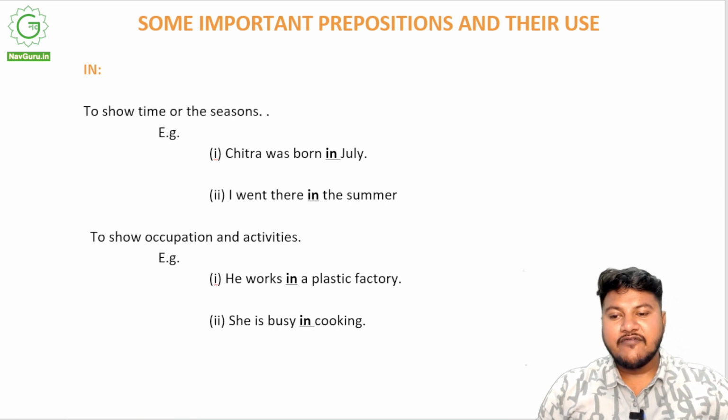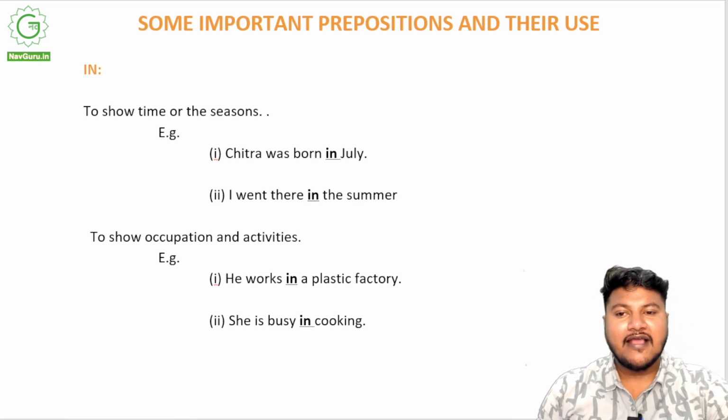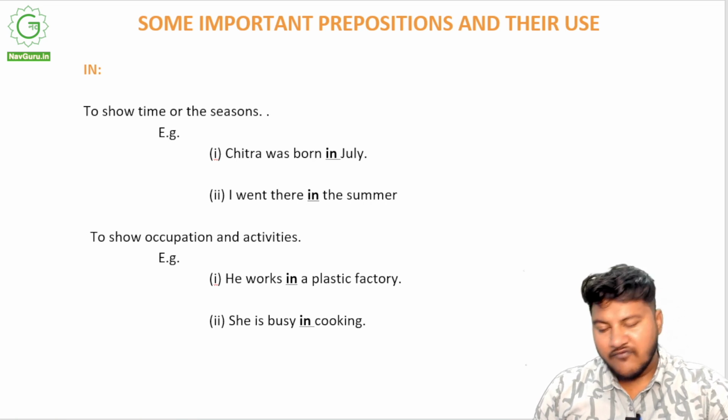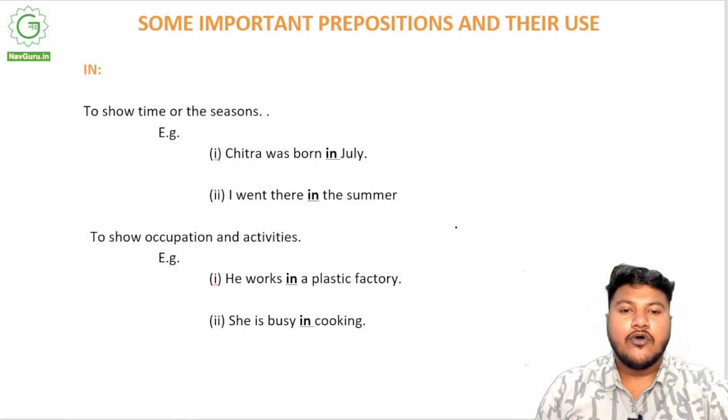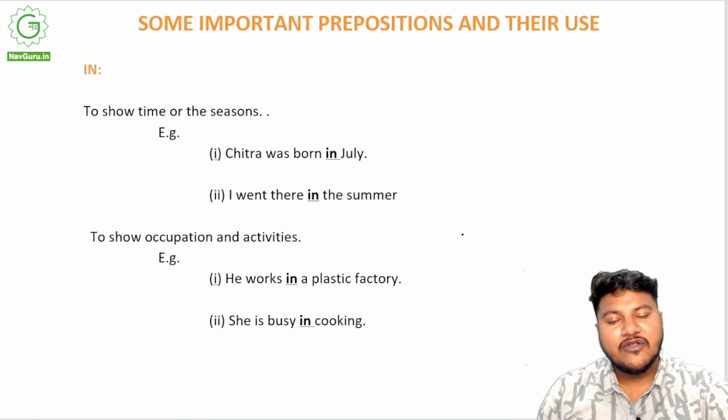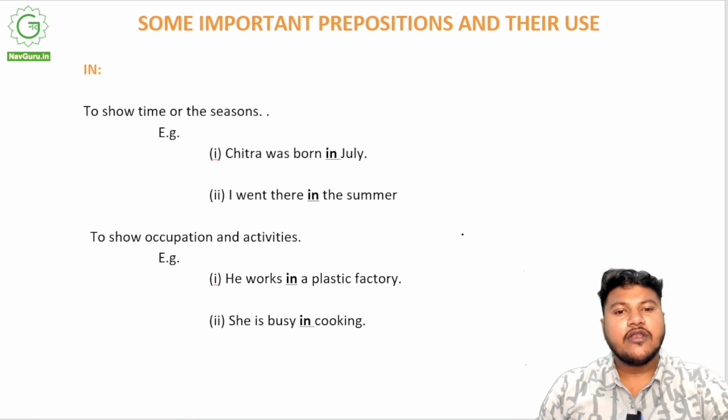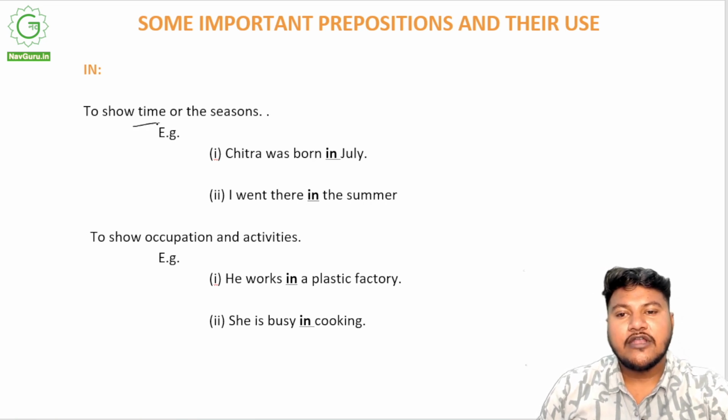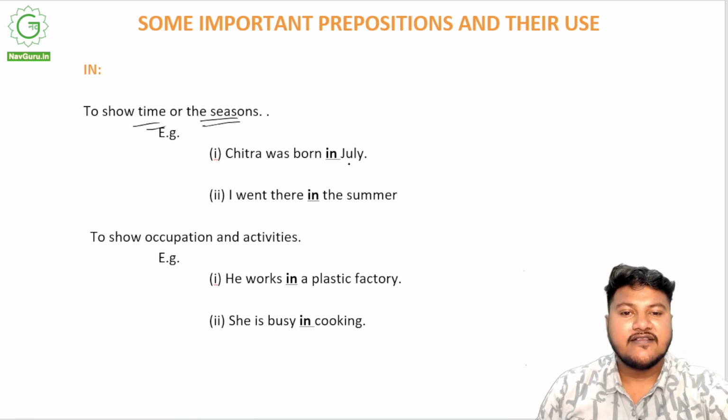Then another very important area that it highlights is to show time or the seasons. For example, Chitra was born in July, not on July. Then you have to mention a specific date. Chitra was born in July. I went there in the summer, right? So in is also used to show time or seasons.